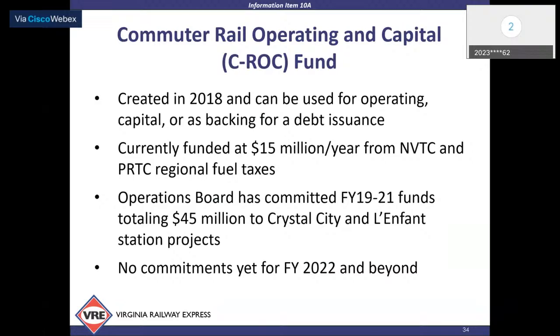If you recall, we laid out an explicit prioritization or decision-making process for how to use the CROC, and we made those decisions based on those two projects, L'Enfant in particular, being difficult to get other grants for, since that project is located in the District of Columbia, and on being able to leverage other resources.